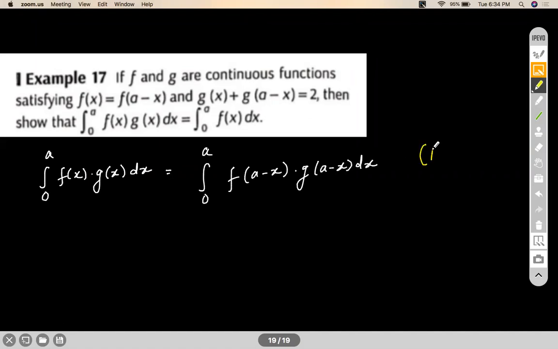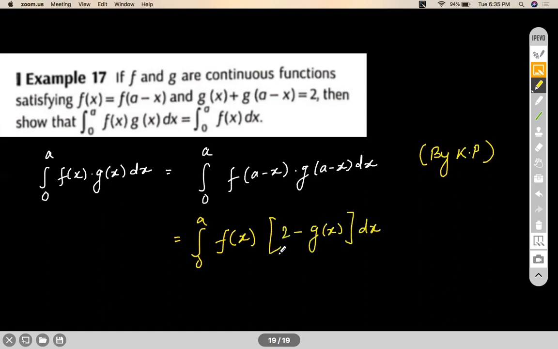Now, f(a minus x) is as good as f(x), so let me put this back as f(x), and g(a minus x) is 2 minus g(x). If you open the bracket, it becomes 2 times integral 0 to a of f(x) dx minus integral 0 to a of f(x) g(x) dx.